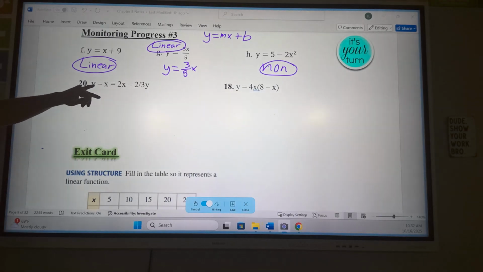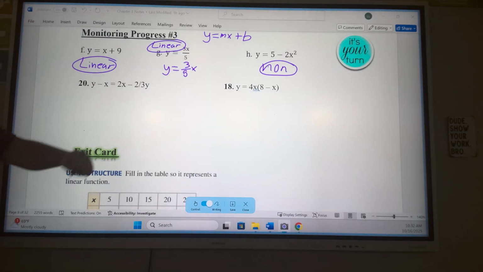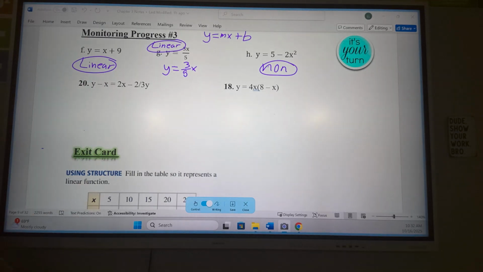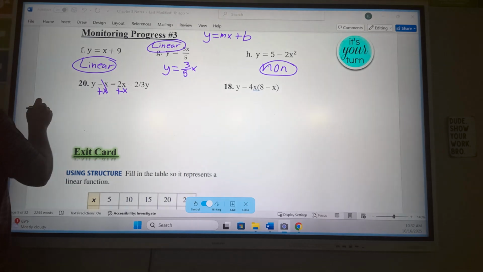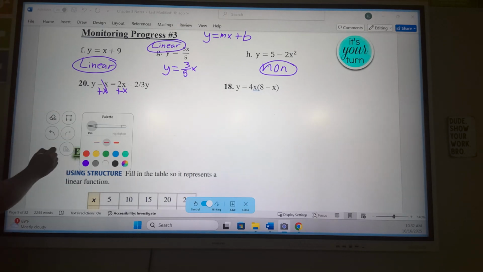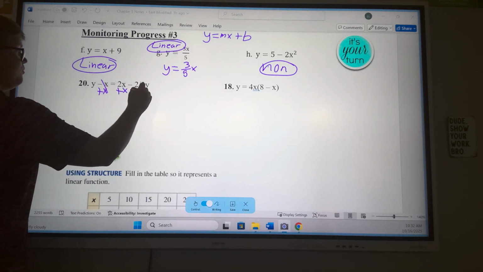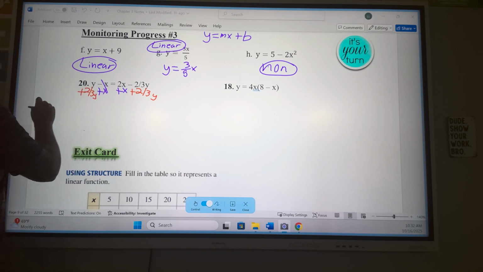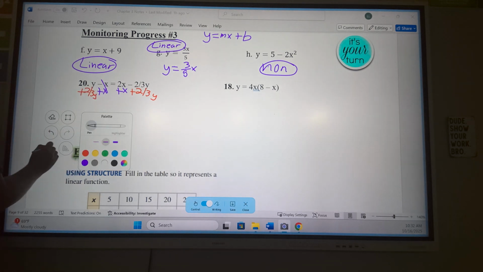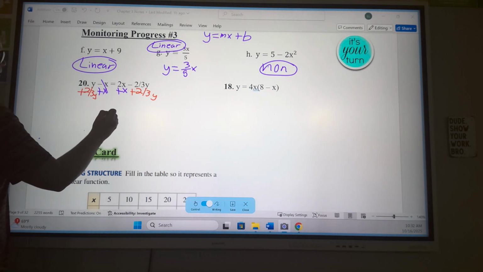So let's try to get the y over here. Let's try to get the x over here. Remember the equal sign separates it, so let's add the x. And let's knock 2 birds out with 1 stone. Let's add our 2/3 y. Let's worry about the x's first. First, let's bring our equal sign down.